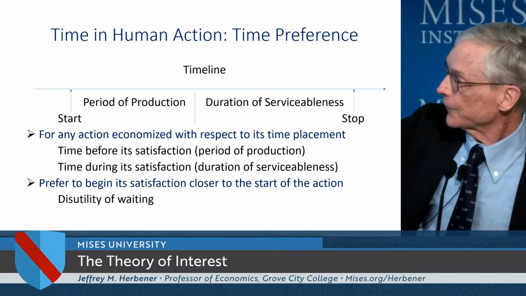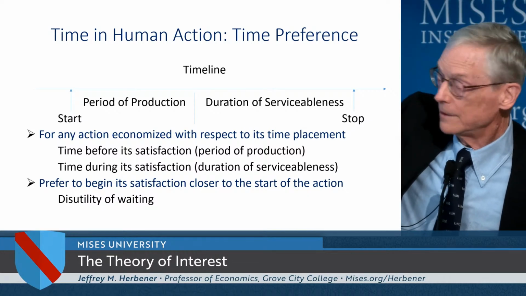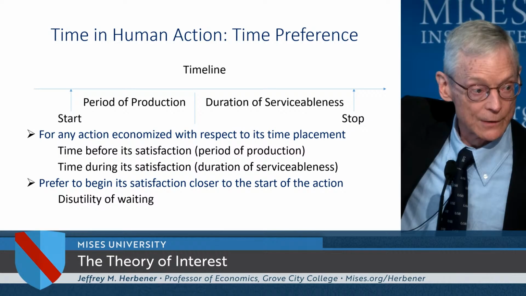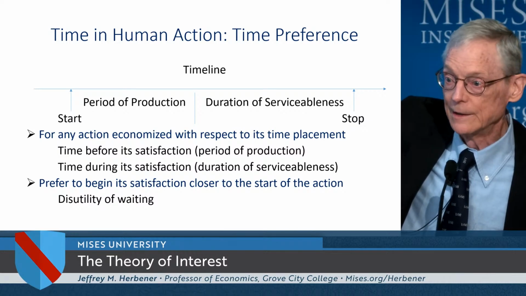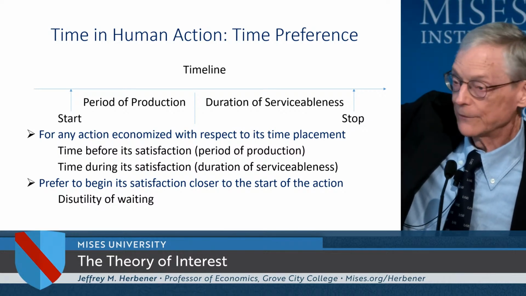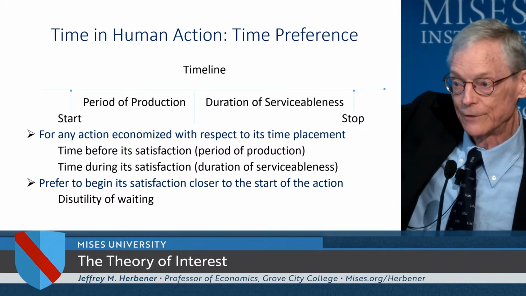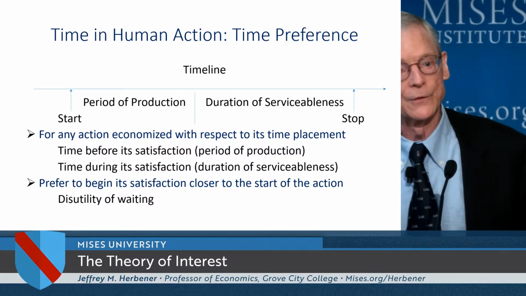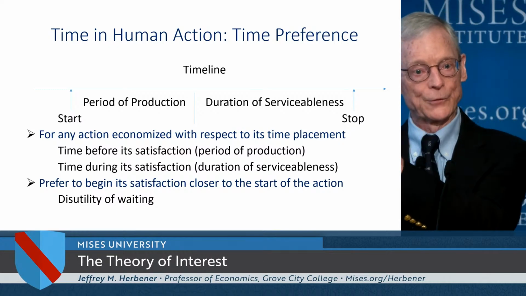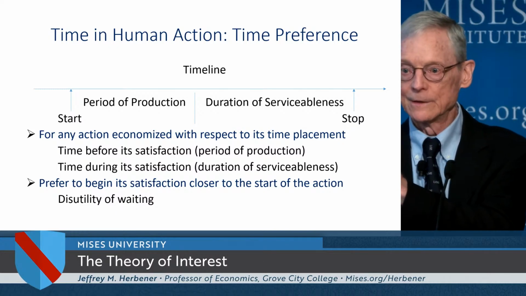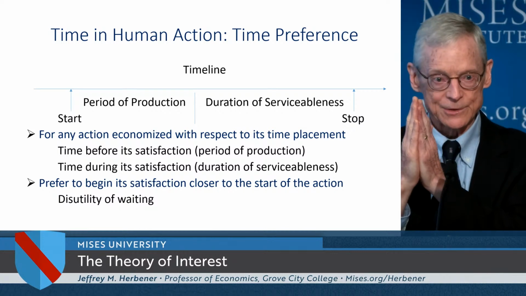And if we want to start producing at the left-hand side, and we're not concerned about the duration of serviceableness, starting at the vertical line, then time preference says we want to move that vertical line closer to the start of the action. In other words, we always want to shrink the period of production.